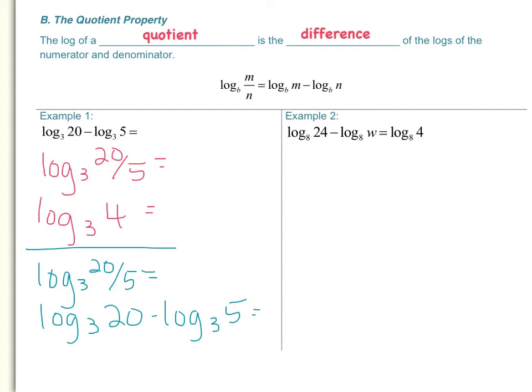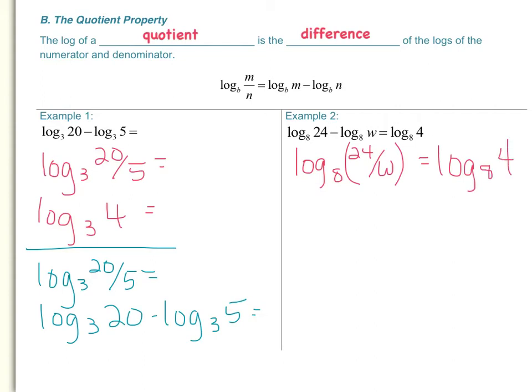Now on the left side of the equation, I have like bases and I'm finding the difference of them. So I can rewrite that as log base 8 of 24 divided by w. And if you want to put that in parentheses, you can.